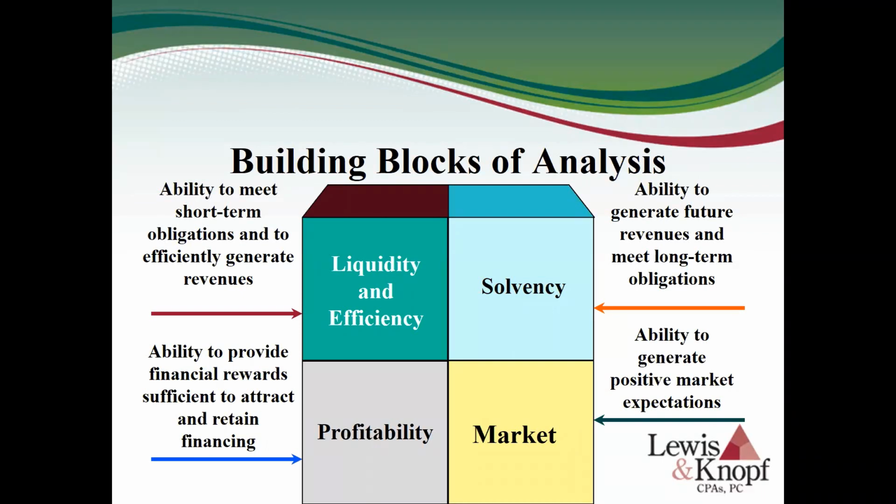Then solvency, the ability to generate future revenue and meet long-term obligations. Profitability, the ability to provide financial reward sufficient to attract and retain financing. And then market, the ability to generate positive market expectations. So this building block analysis is basically what we deduce from this company. At least we think that they have the ability to recover debt and all those.